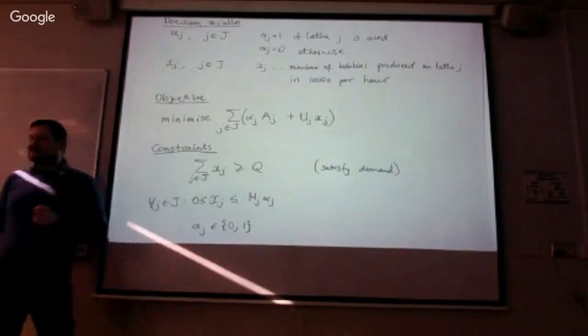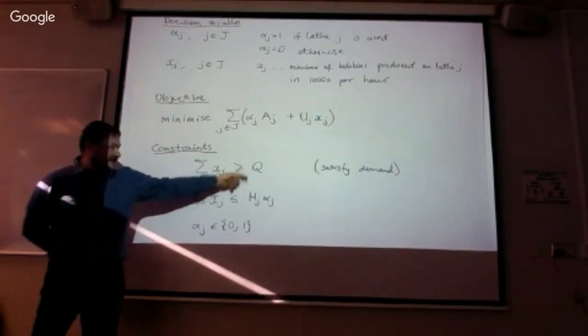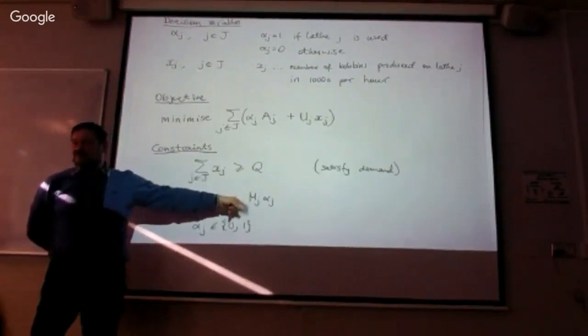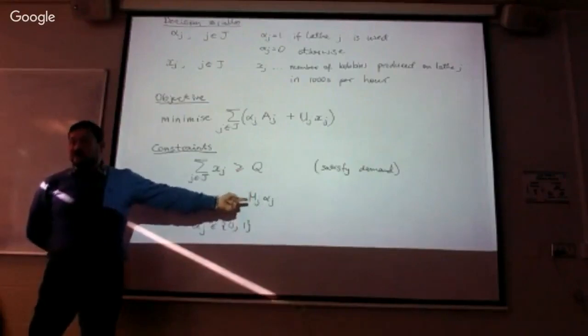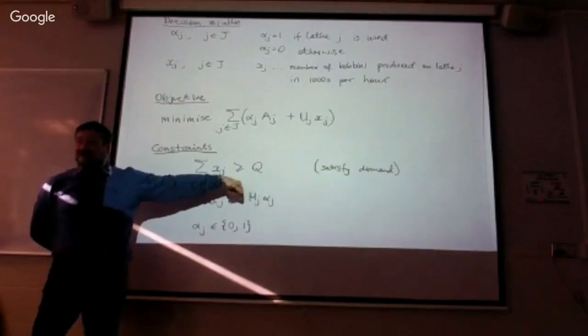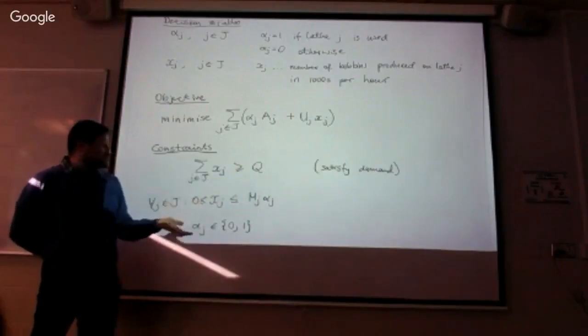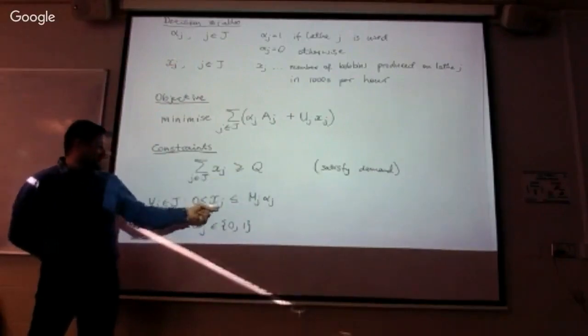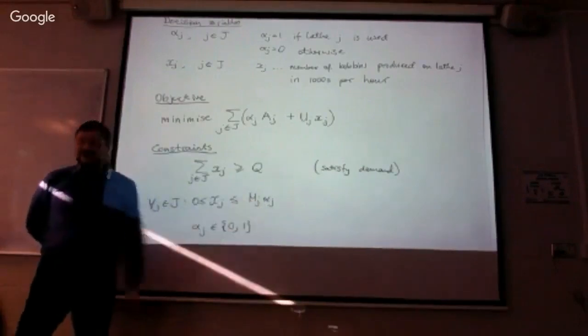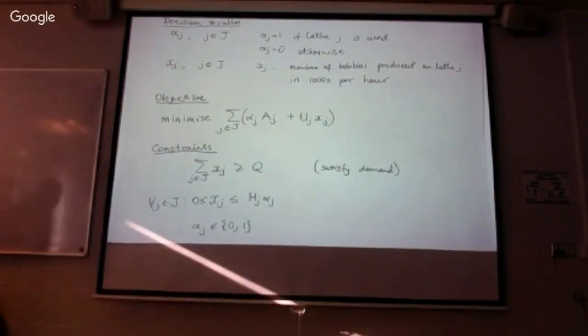For example, you could put the demand there, because you certainly won't be making more than that. Its job is to ensure that this is 0 if alpha is 0. Is there anything else that we need?